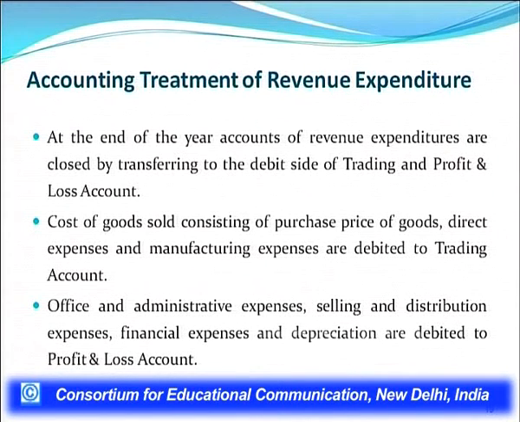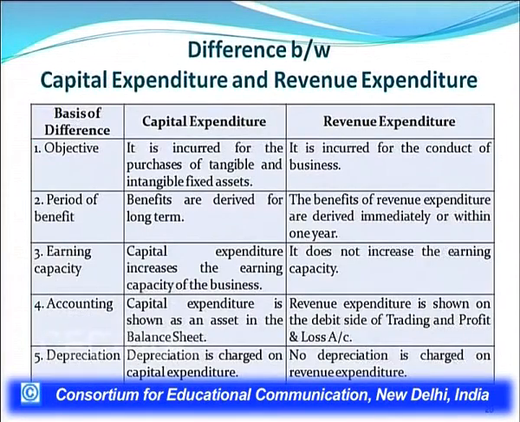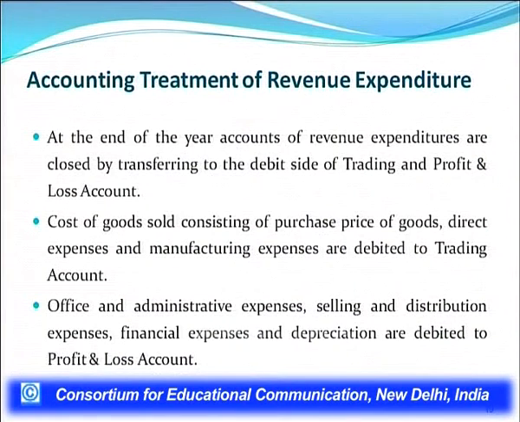They may also belong to the selling and distribution expenses, financial expenses, depreciation. So, what we find is that every year we need to close the nominal accounts, so that the accounting period expenses can be matched with accounting period incomes.